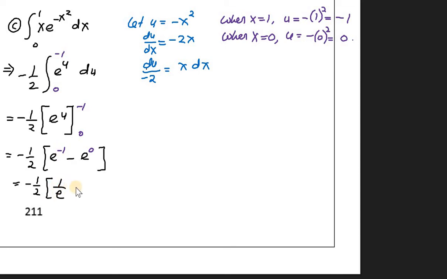This is 1 over e power 0, and anything power 0 is 1. You can expand this, or you can just leave it as is, or you can expand the negative and make it nicer. You put the negative inside, so it reads like this. It looks nicer. Right?